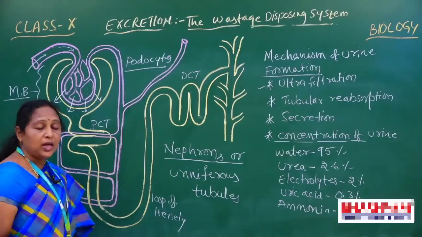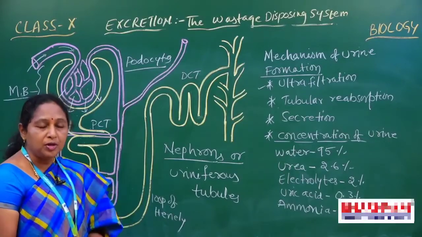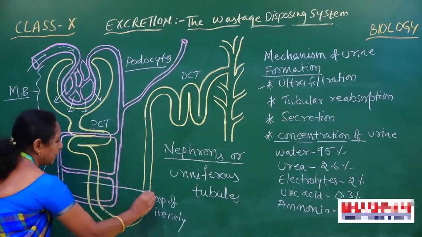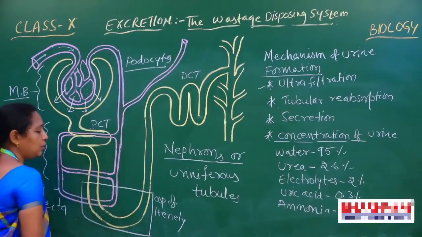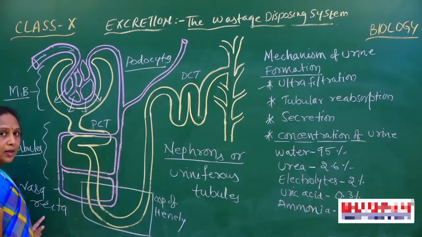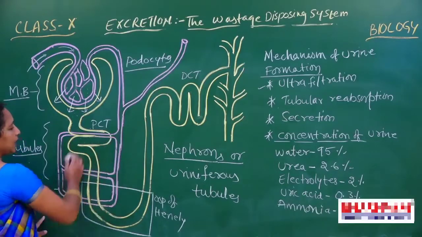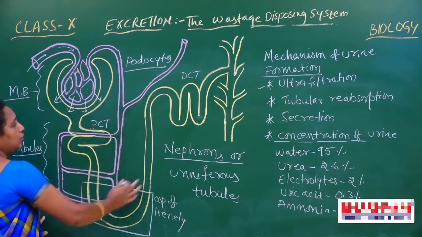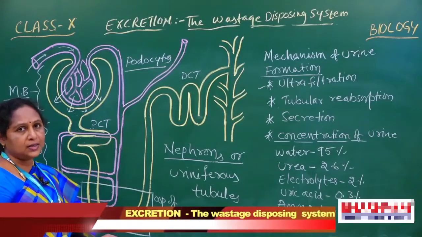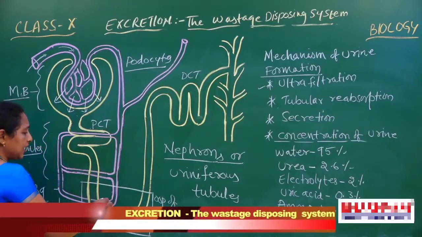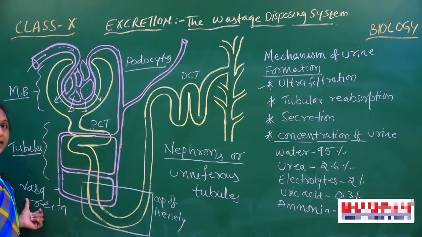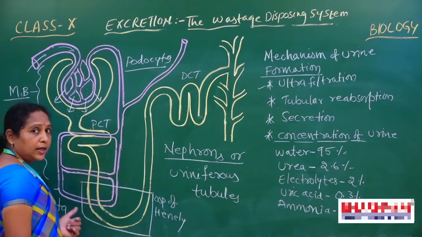The peritubular capillaries, have you understood now? The peritubular capillaries are the complete blood capillary network which surrounds the whole nephron. But the capillaries which surround only the loop of Henle, we call vasa recta.